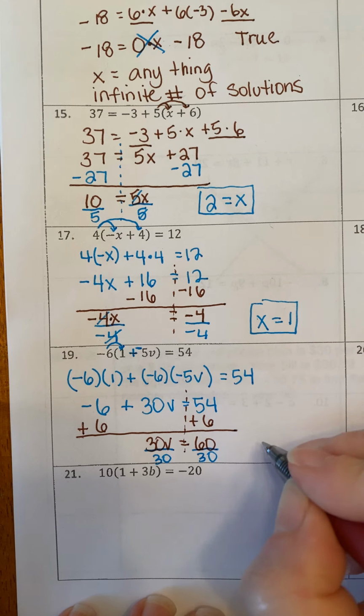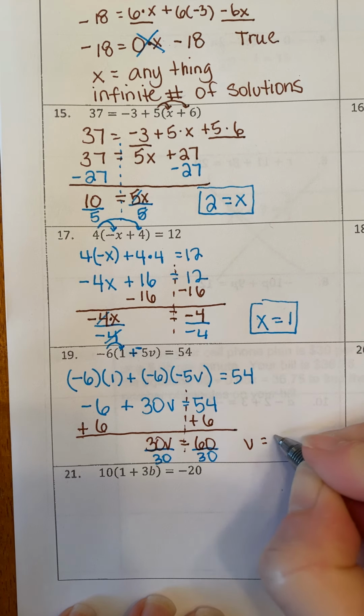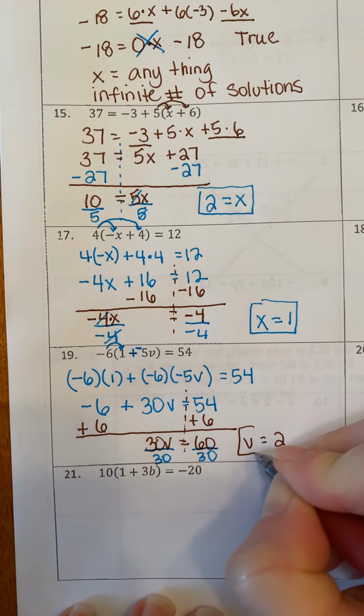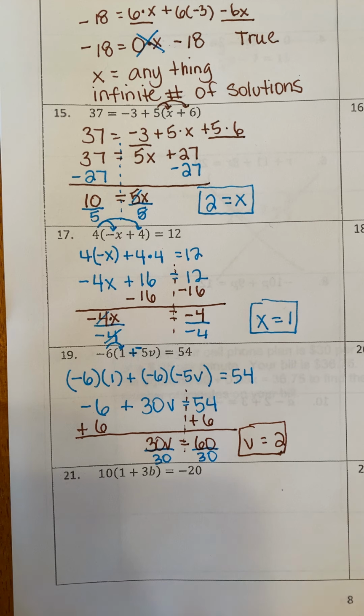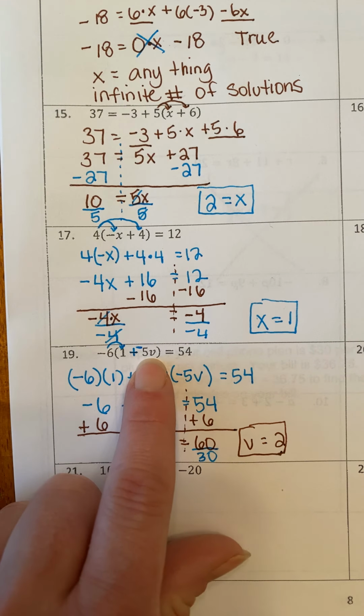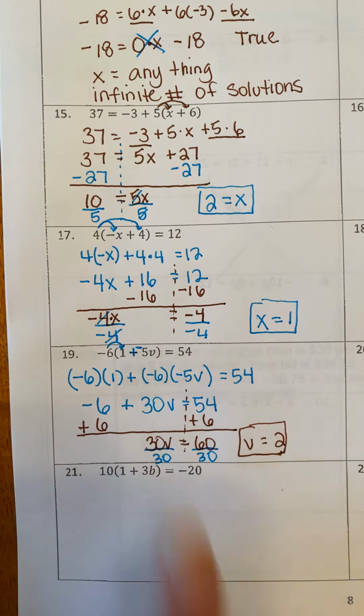And we get v equals 2. Just like before, if you wanted to go back and check, you plug it back in for v in the first line, and you would find that that does work.